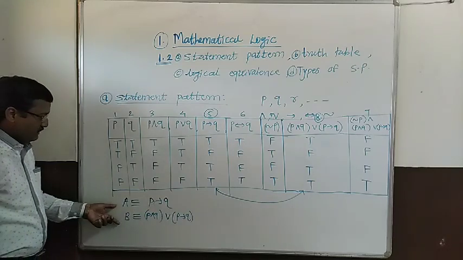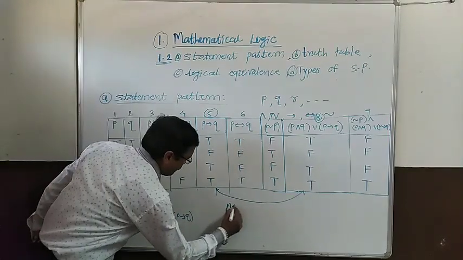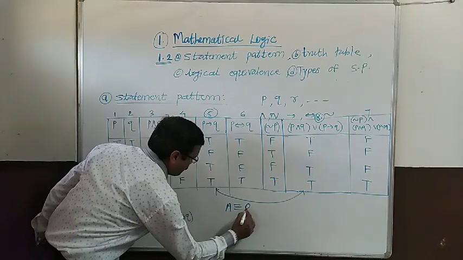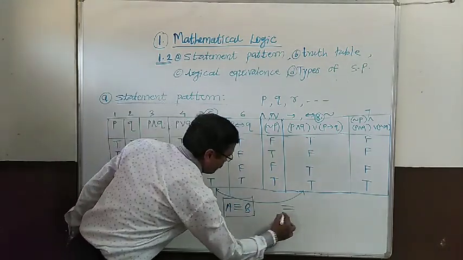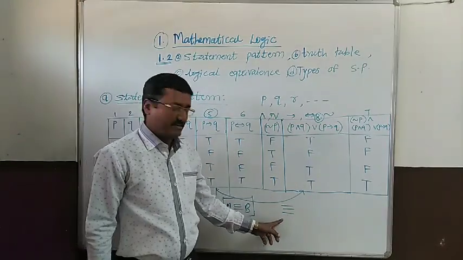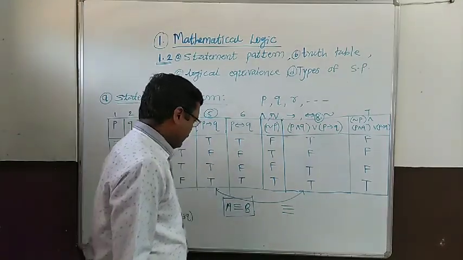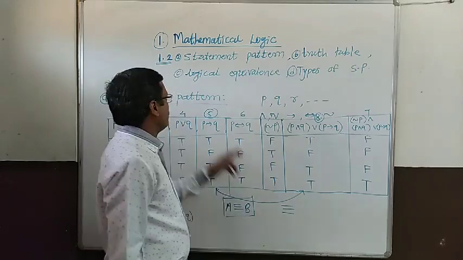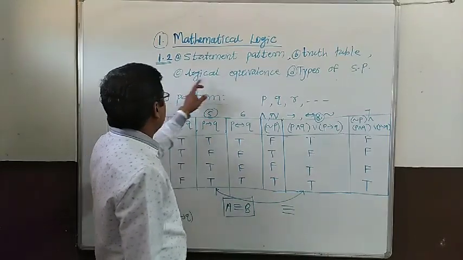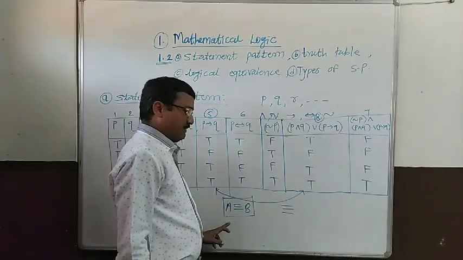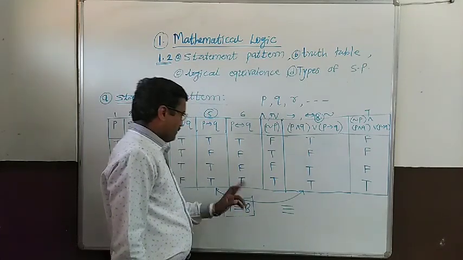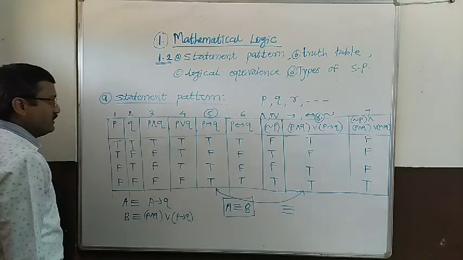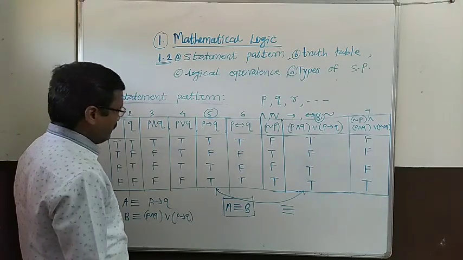So these A and B are equivalent. This is the symbol, 3 line segments. This gives the symbol for logical equivalence. So statement pattern A is logically equivalent to statement pattern B. So in this way we can determine whether they are equivalent or not.